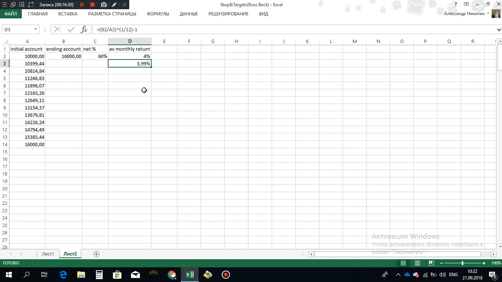So this is the real picture: the net average monthly return of a professional trader over the period of how many? 12 months. Yes? Okay.